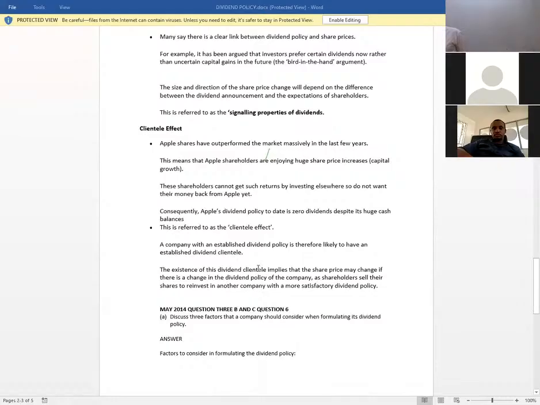The existence of this dividend clientele implies that the share price may change if there is a change in the dividend policy of the company, as shareholders sell their shares to reinvest in another company with a more satisfactory dividend policy. So, ladies and gentlemen, I would want you to understand this concept very well. Under clientele, there are those organizations that will be paying some particular dividends.